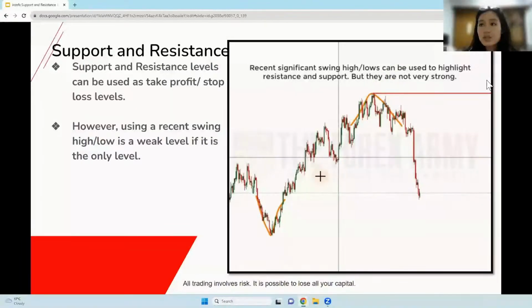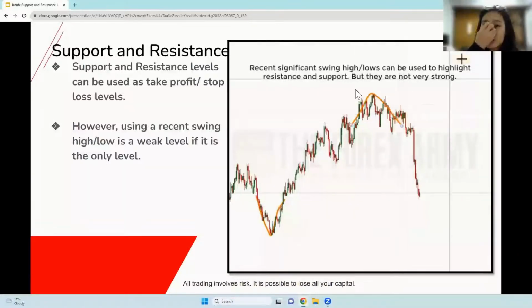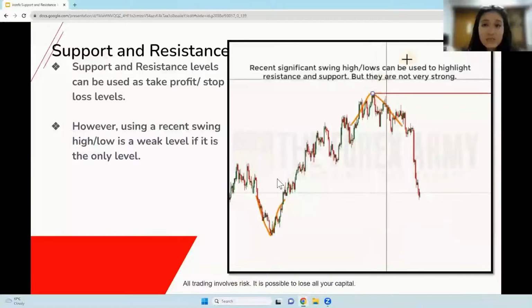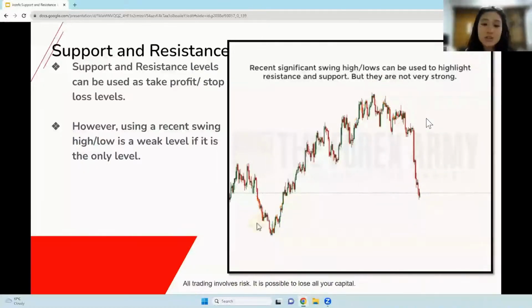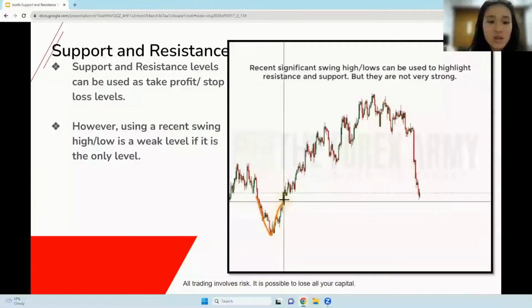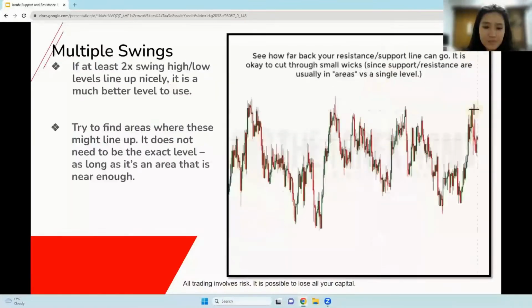So you can see in this GIF here, the recent swing highs and lows, although they are significant, so you can see them very clearly, are not strong levels to use because we don't have additional Fibonacci levels to support them, and we don't have pullback or overlap support levels or multiple swing high or swing low support levels. I'll show you what exactly I mean by that.